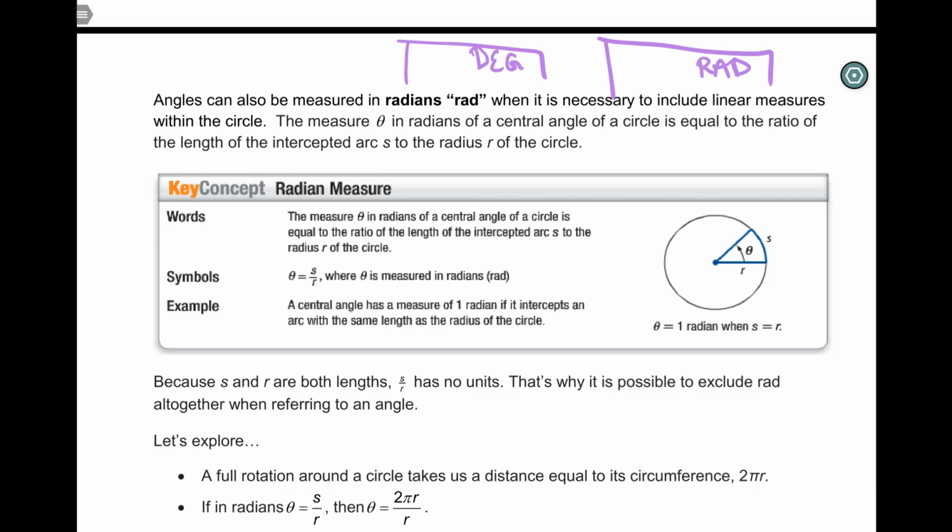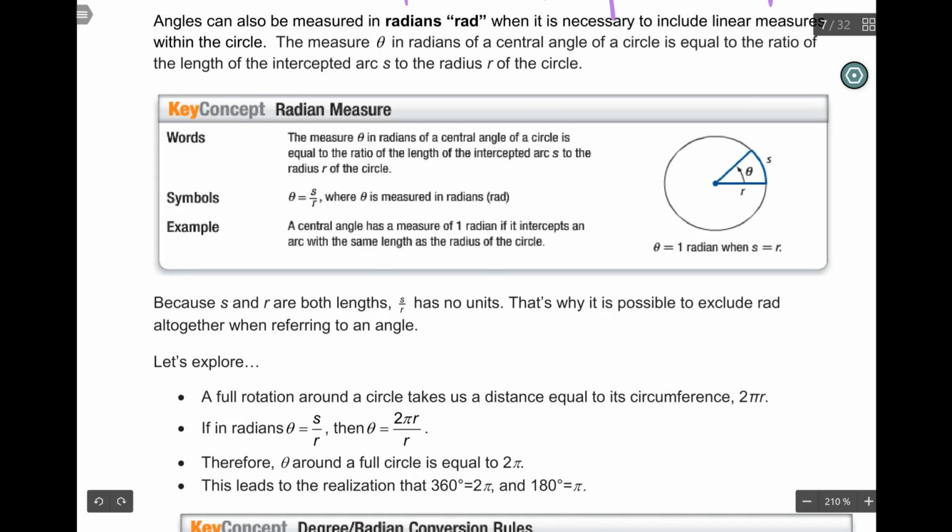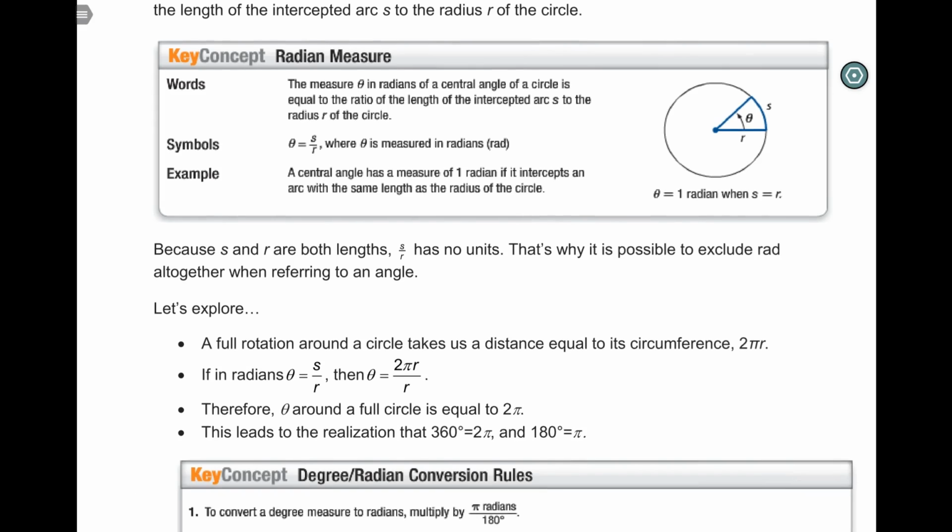So the measure in radians of a central angle of a circle is equal to the ratio of its arc length to the radius. What this means is the measure of theta in radians is going to be equal to the ratio of the length of the arc that's traced out of the circle divided by the radius of the circle, because 1 radian is equal to 1 radius length, but the radius length will be laid out along the outside of the circle.